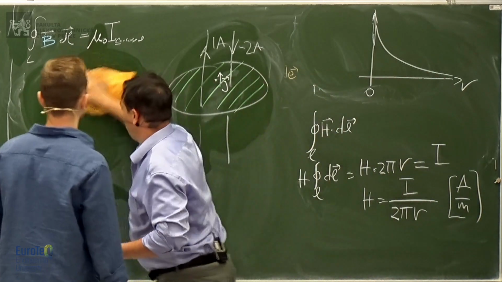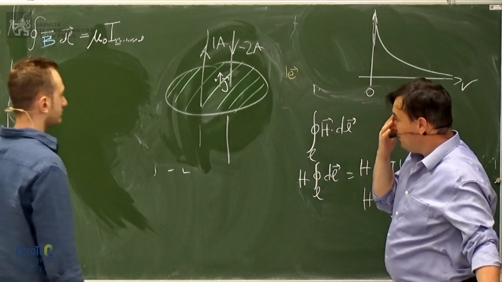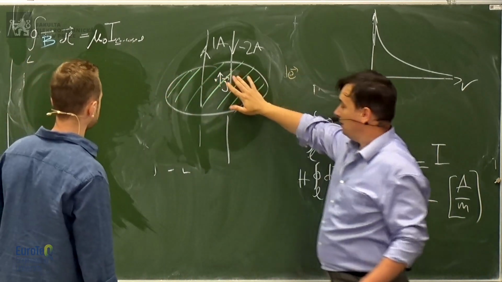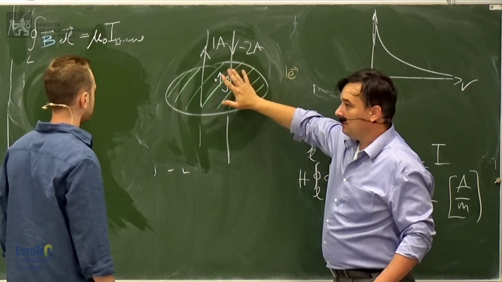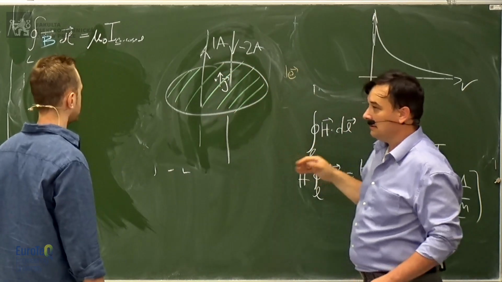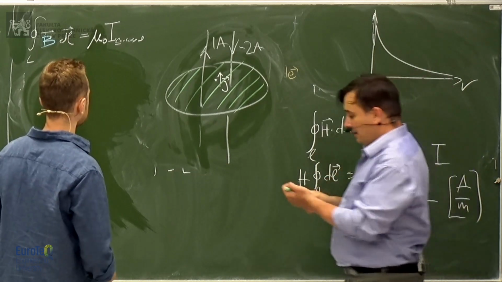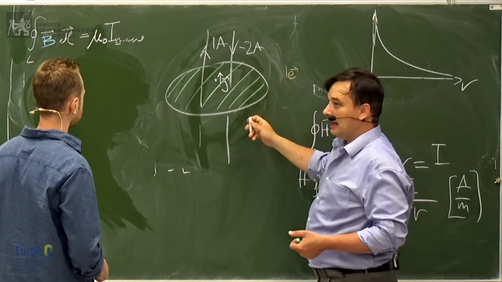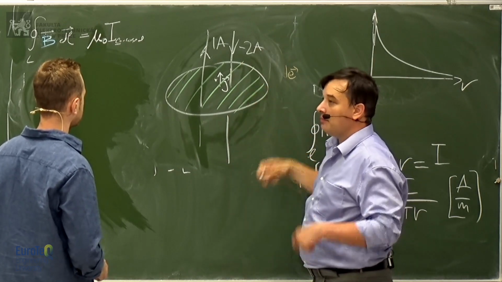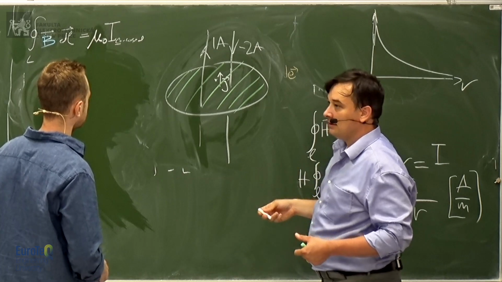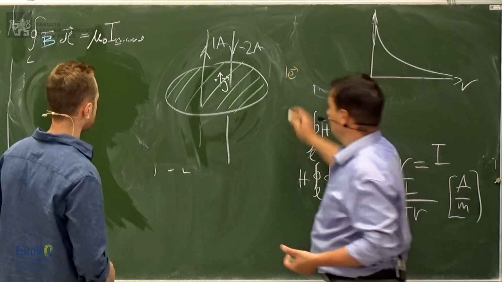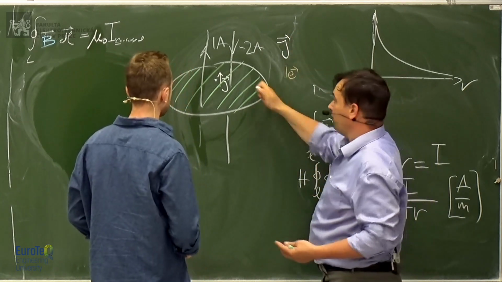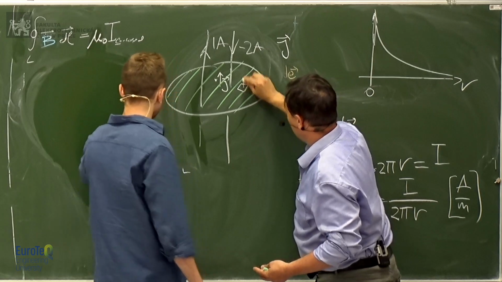You are too fast. I want you to describe this I as the integral of the current density over the surface. Okay? Let's say that here you have a surface and there is some current. And in each point there is a current density of some amperes per meter square, J. J tells you how dense is the current per unit of surface, okay?